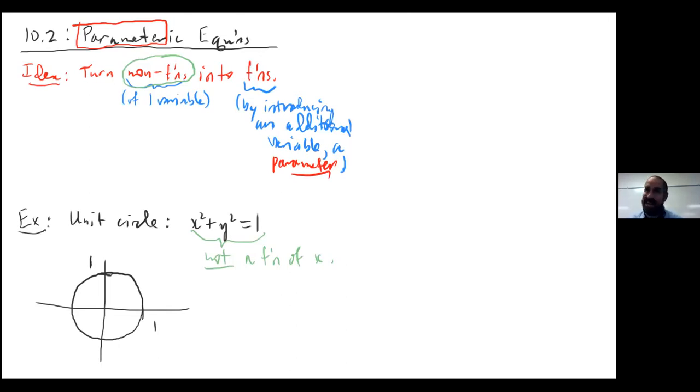And that's problematic. So what we might do to try to fix that is focus on the upper semicircle. And the equation of this would be y equal to, help me out here, what, if I just did the upper part?